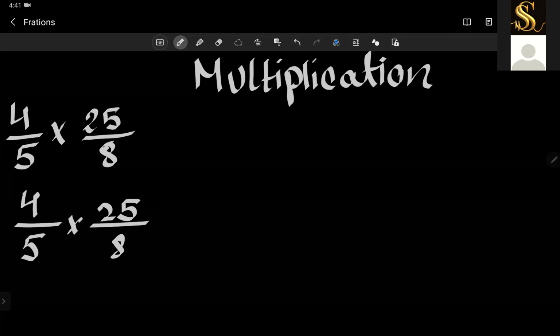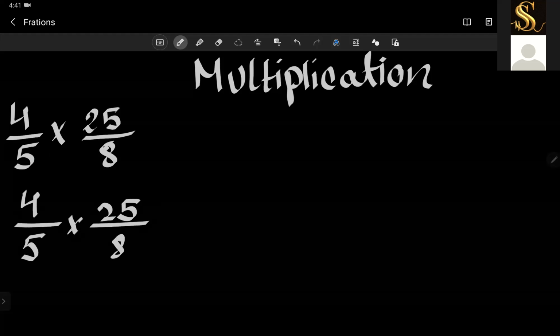Here the same factor will be 5. So 25 divided by 5 gives us 5 and 5 divided by 5 gives us 1. Same with 4 and 8. 4 and 8 can be divided as well. So 4 divided by 4 is 1 and 8 divided by 4 will give us 2. So we'll get the answer as 5 upon 2.